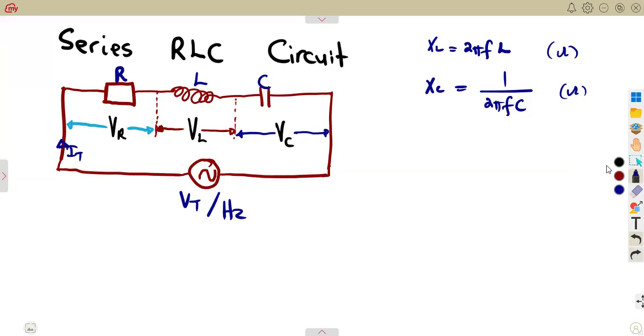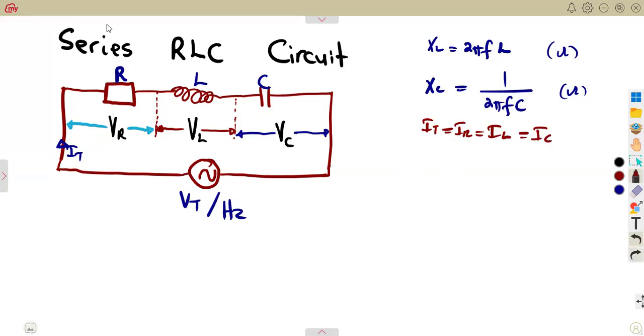With this, we understand that the current in the series circuit is the same, meaning the total current is the current that flows across the resistor, the inductor, and also the capacitor.